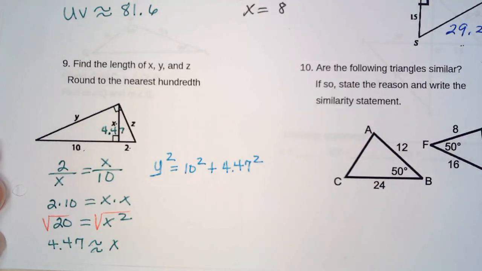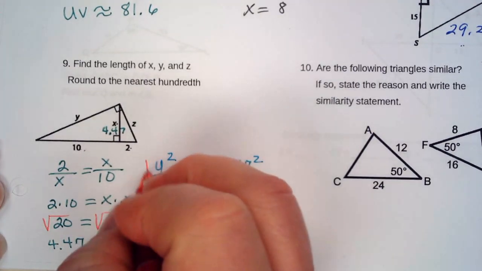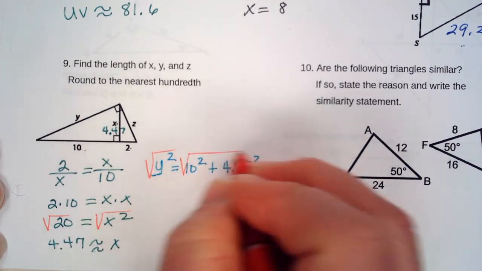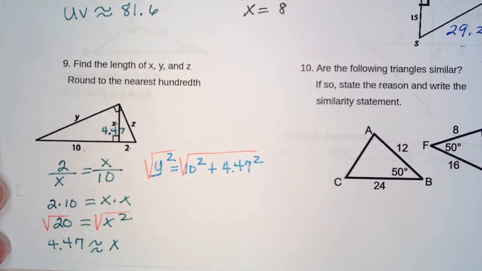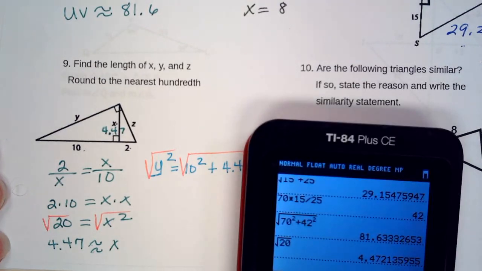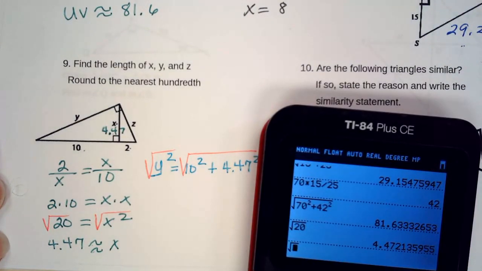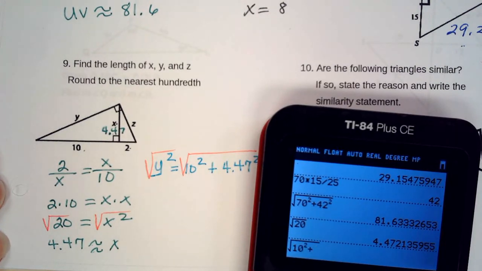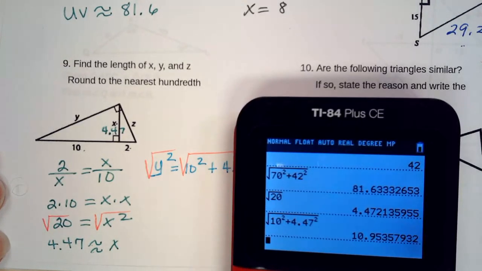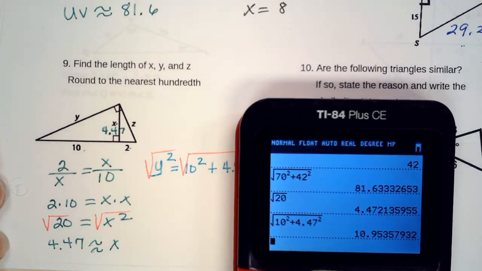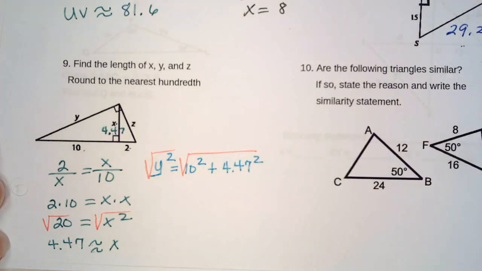Once again, the opposite of squaring is square rooting. Using the calculator, second, x squared, 10 squared plus 4.47 squared, and I get 10.9535. So y is approximately 10.95.